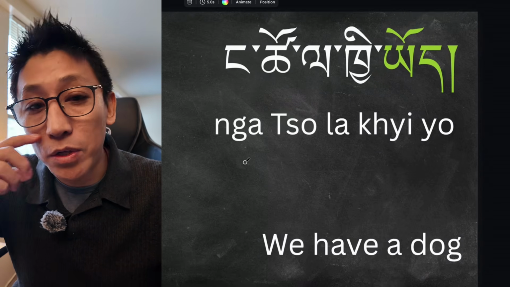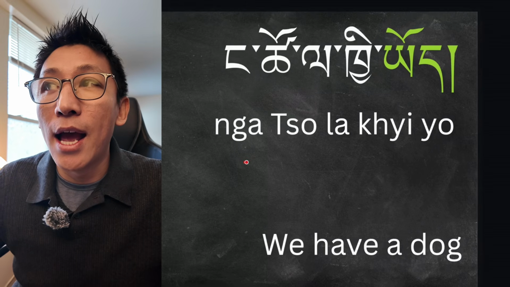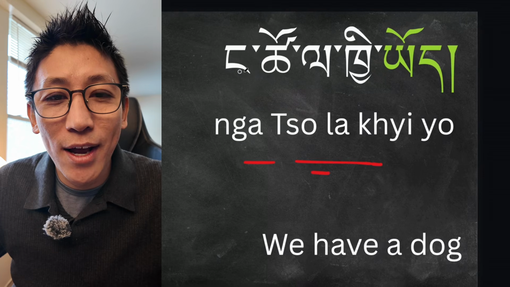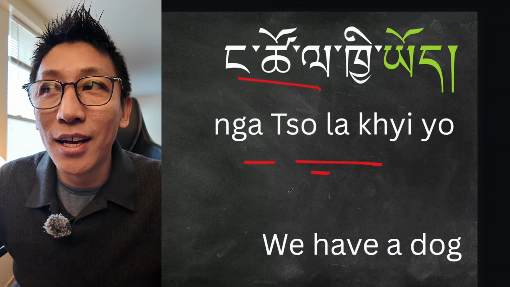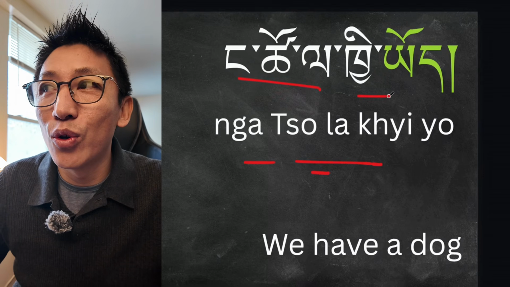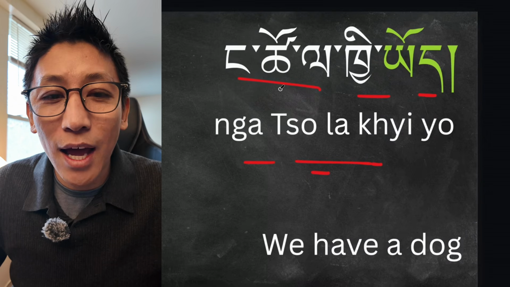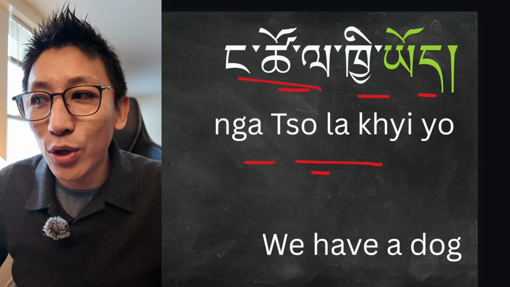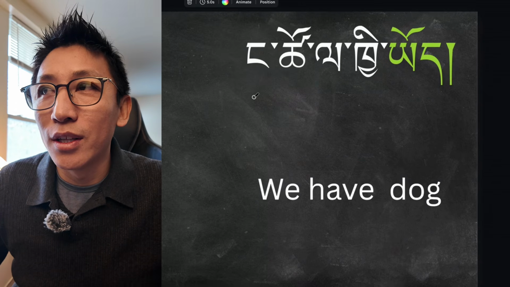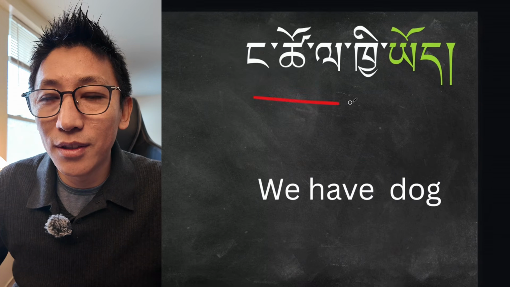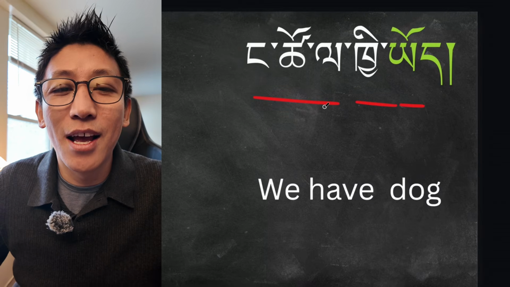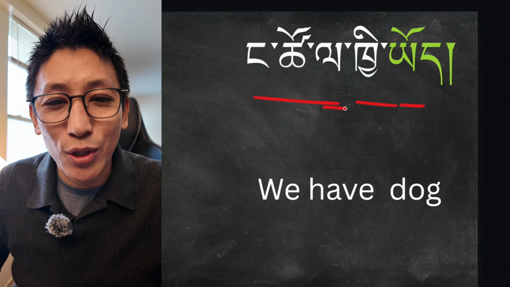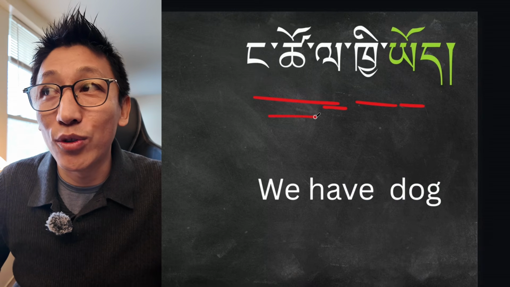And it is also used in first person plural, we say "ngan cho la ki yu, ngan cho la ki yu". Now it's your turn. Nice. "Ngan cu la ki yu." Now it's your turn.